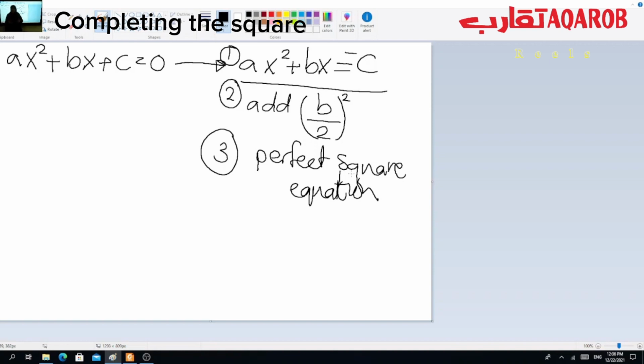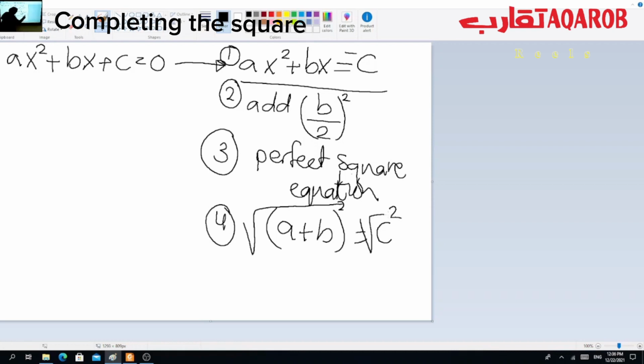So we will reach a point in which I have a plus b squared equals c squared. So in the fourth step, I can take the square root of both sides so that I can get rid of the square or the power 2.